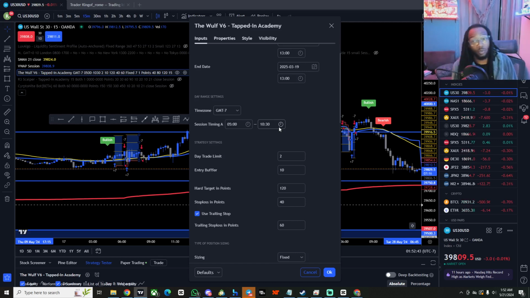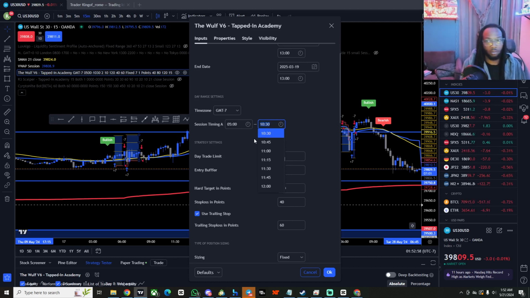There are times where Wulf has good plays during London. So personally, what I would say is go ahead and turn off the time frame and look back at the times. There are certain things that happen inside the market where volume starts to swing. Just like how New York has a pre-market and stuff starts to move around, London has a pre-market, which means that it's Tokyo.